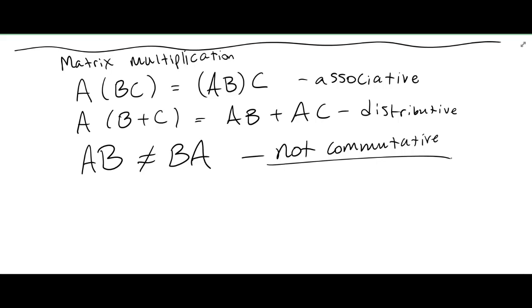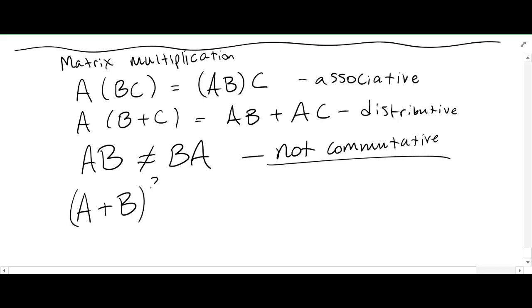So as a consequence of that, you have to be careful when doing things like (A plus B) squared. We're really used to just writing, if they're real numbers, A squared plus 2AB plus B squared.